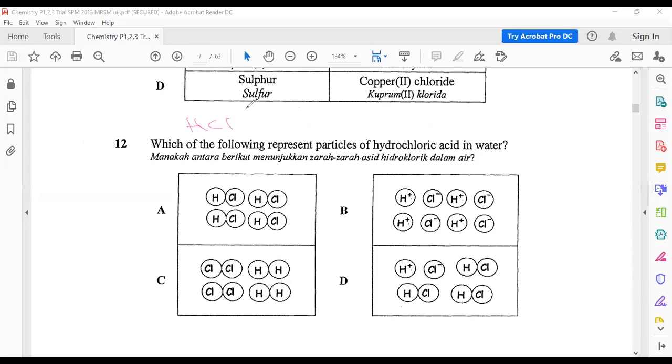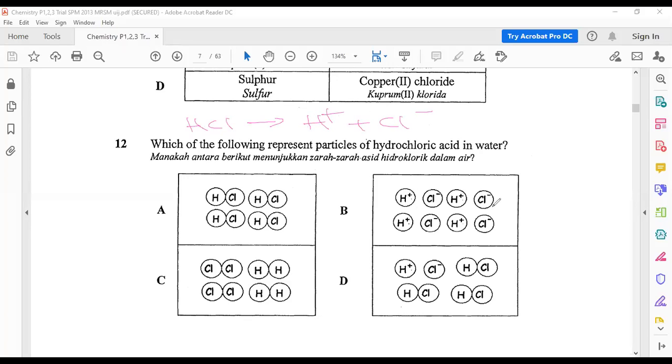When it is a strong acid, we go back to our definition. A strong acid is an acid which dissociates completely in water to produce a high concentration of hydrogen ions. So it should not be dissociated partially, but completely. When it dissociates completely, this HCl molecule will form the hydrogen ion and the chloride ion.